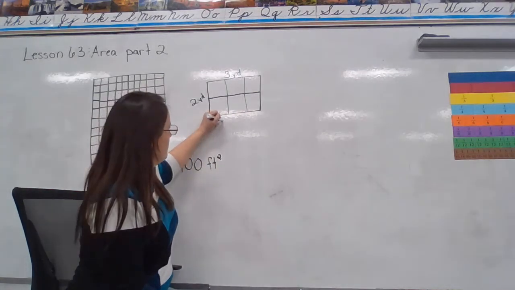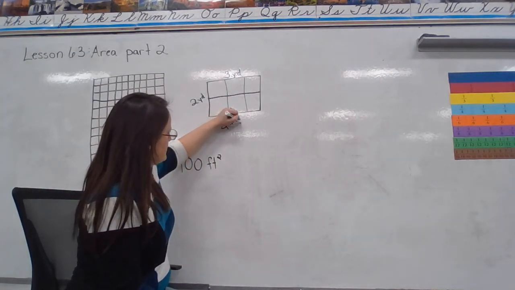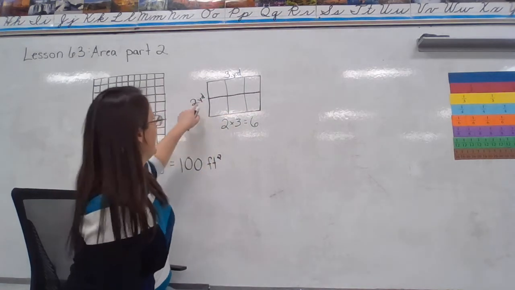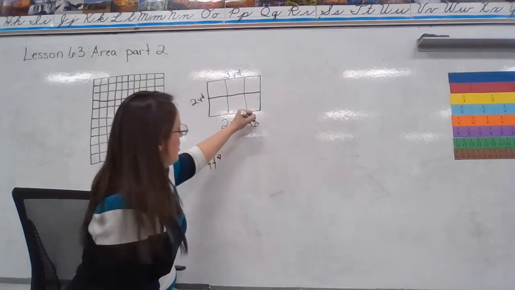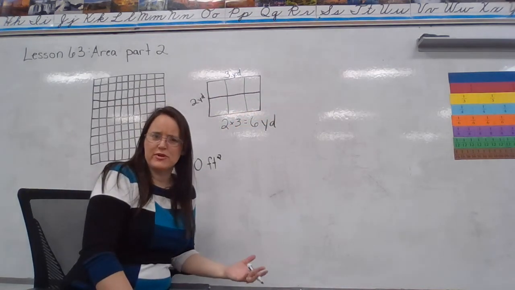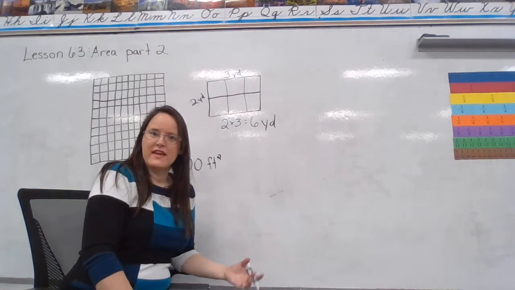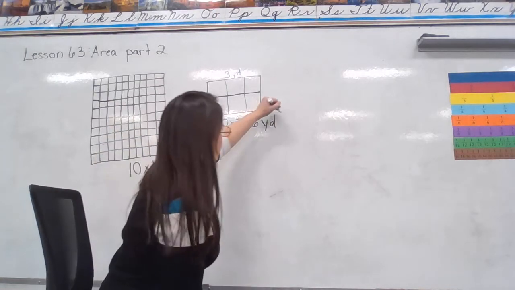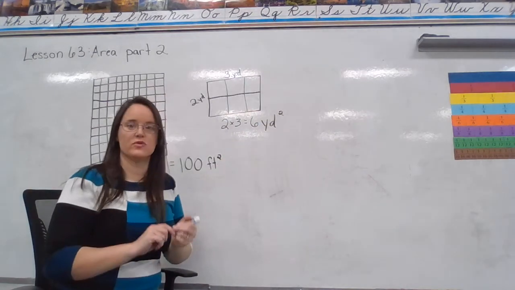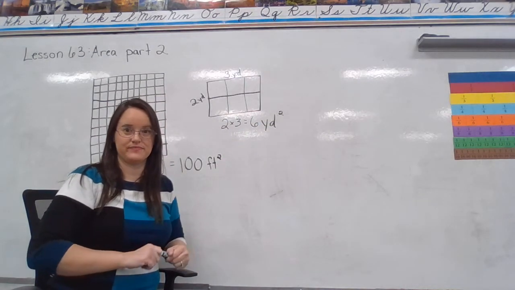Or I could say, oh, I know that 2 times 3 equals 6. And my units here, it's yards. 6 yards. What shape are those yards in? They're square yards. So I have to have my little 2 next to the yards to show square yards.